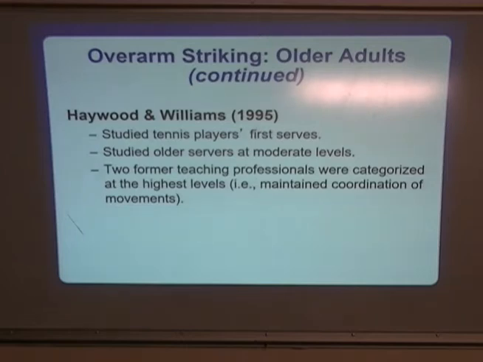So people who had been tennis players when they were young, or even teaching professionals at a tennis club, had higher levels of skill as they got older. It's kind of not rocket science, right? But they also found that the people who hadn't had as much experience could improve with practice, right?